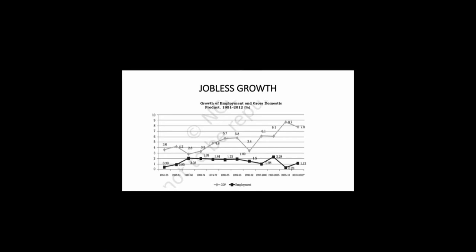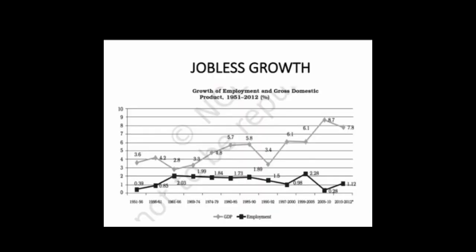The next concept we need to discuss about the changing employment scenario is jobless growth. In the diagram here, we are going to see the concept of jobless growth. There are two curves. The lighter curve shows the increase in GDP and the darker curve shows increase in employment.